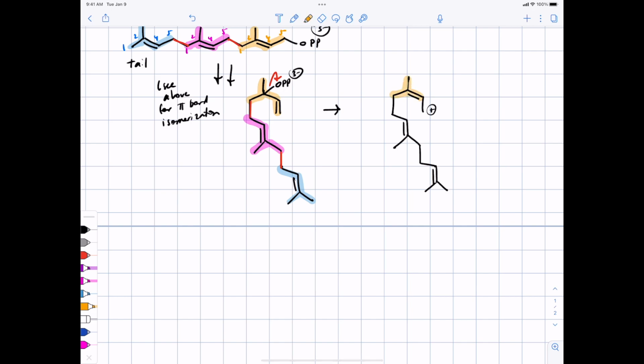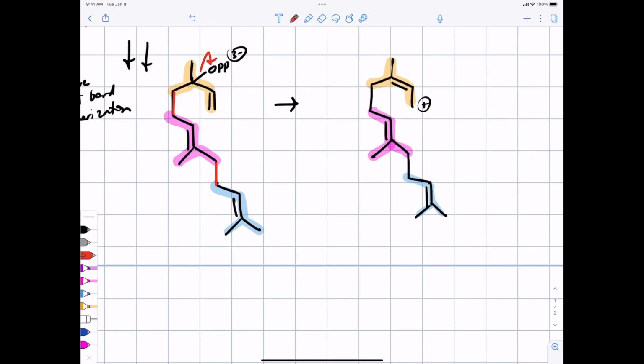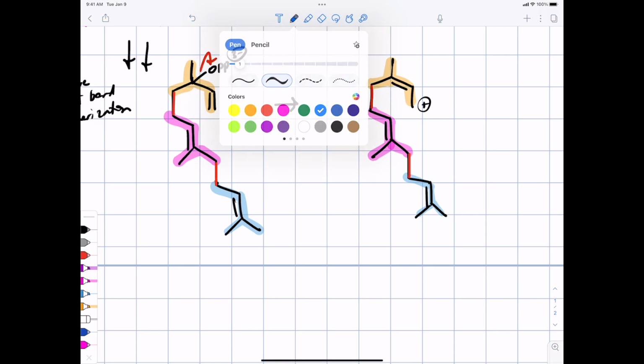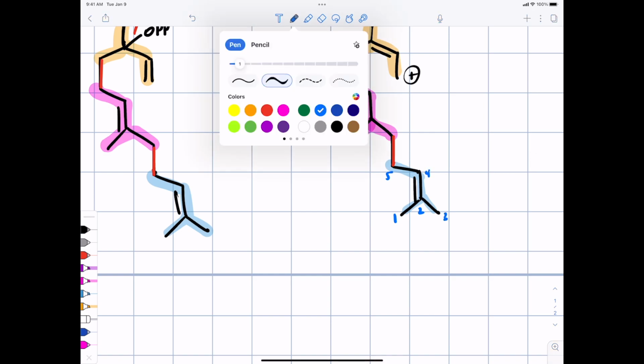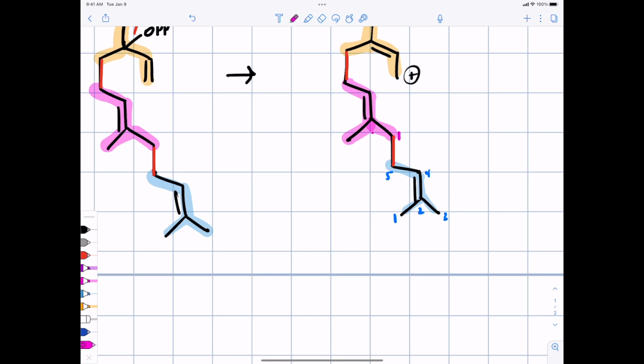We'll color in our isoprene units. We'll use red for the bonds that we already have. I know it's tedious, but sometimes I think labeling carbons can help.